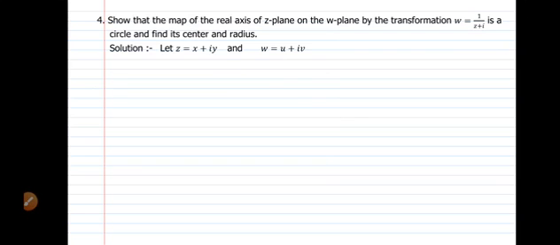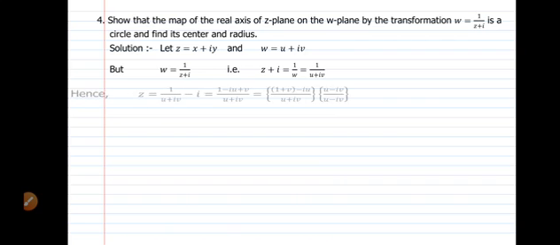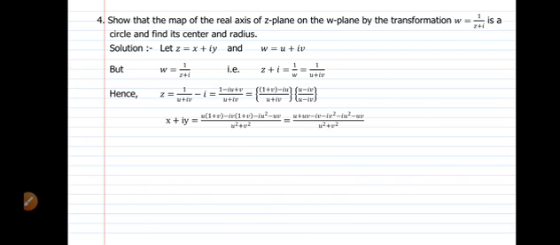Again the procedure, the first part is same, z equal to x plus iy, w equal to u plus iv. We have to write z in terms of w. So with some operations we get z in terms of w, and then you have to replace z by x plus iy and w by u plus iv.